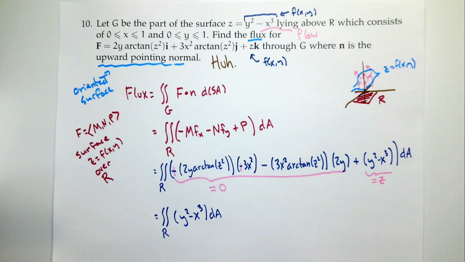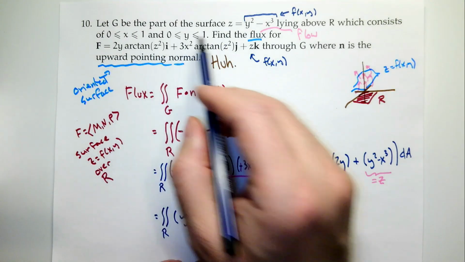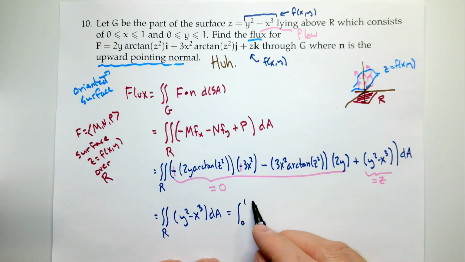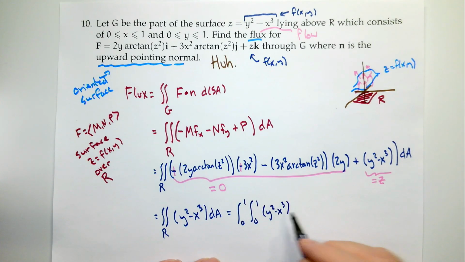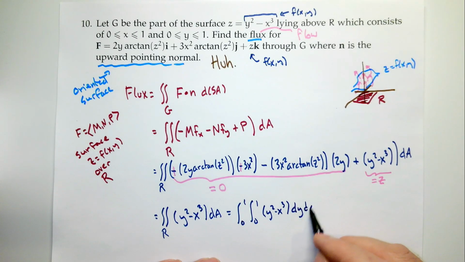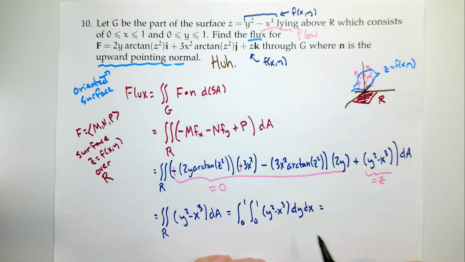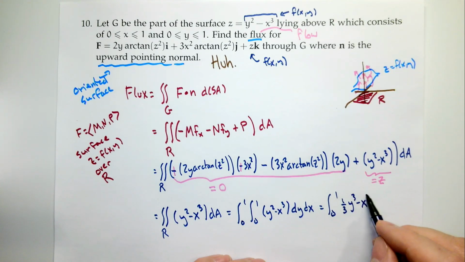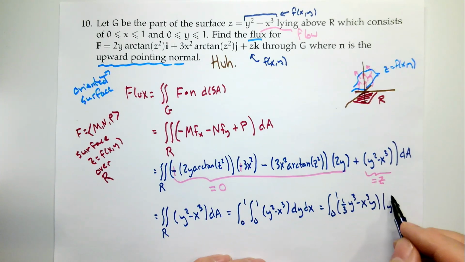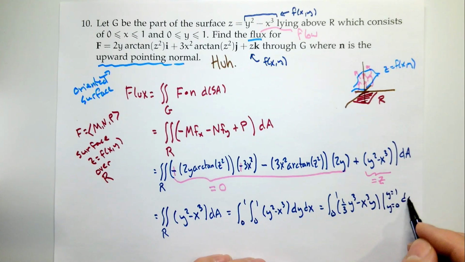All right. Well, let's finish this up. So we get the integral, and our region is 0 to 1, 0 to 1. So 0, 1, 0, 1, y squared minus x cubed. Doesn't really matter which one we do first, dy dx. So if we integrate that with respect to y, we'll get the integral from 0 to 1 of 1/3 y cubed minus x cubed y. And then we evaluate from y equals 0 to y equals 1, dx.